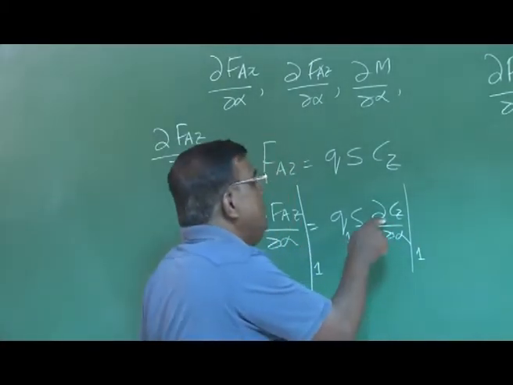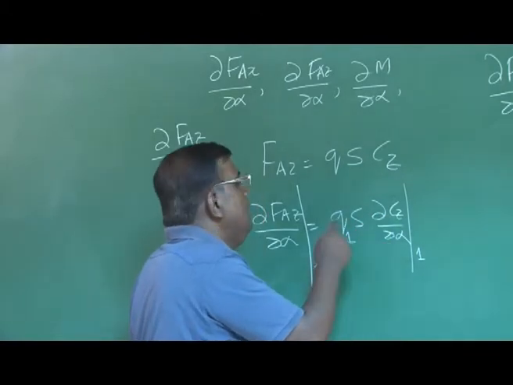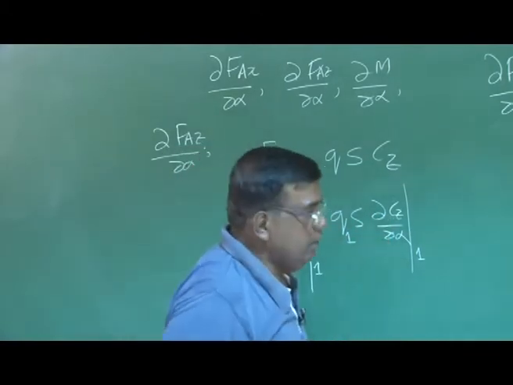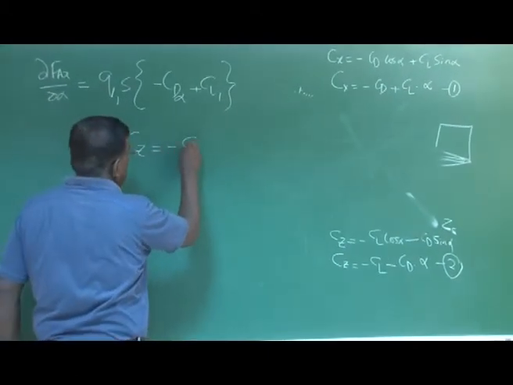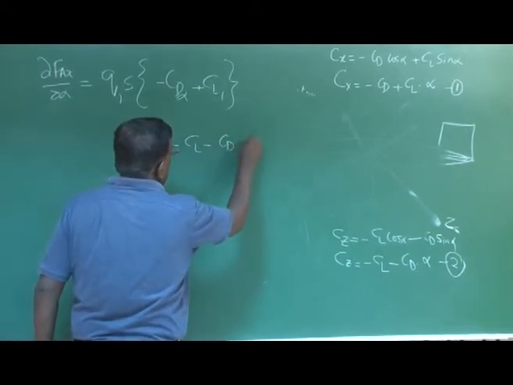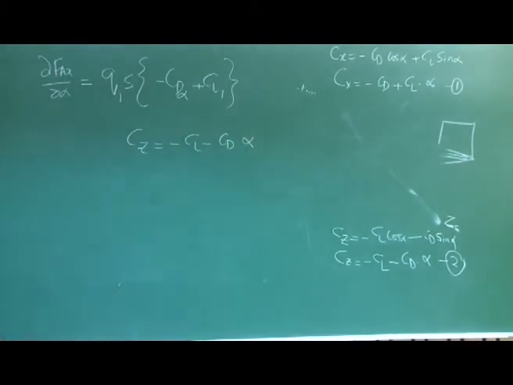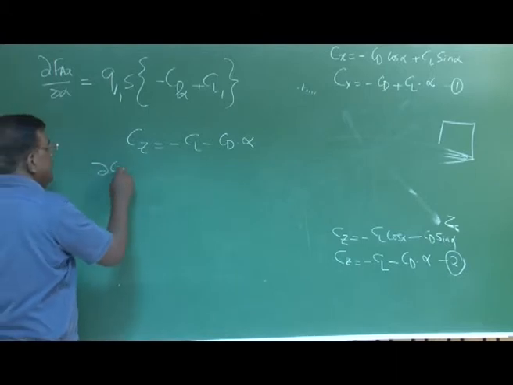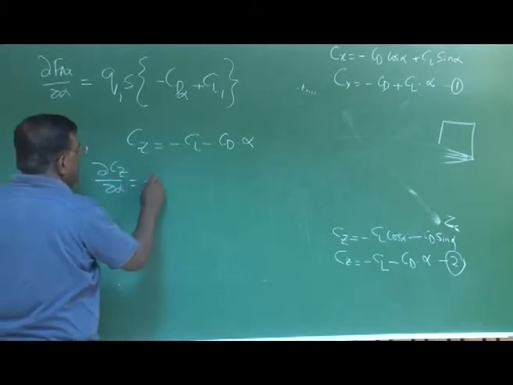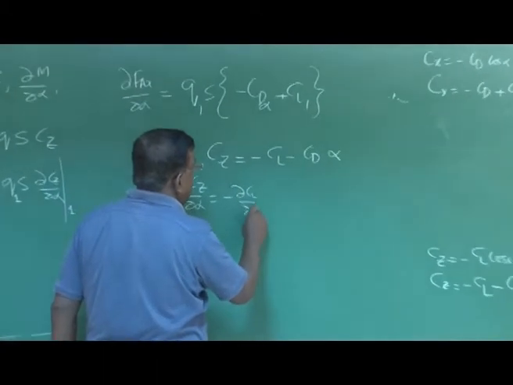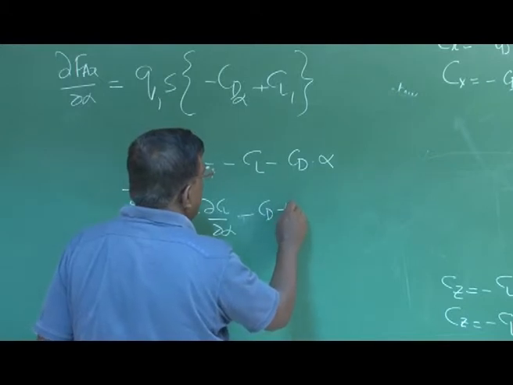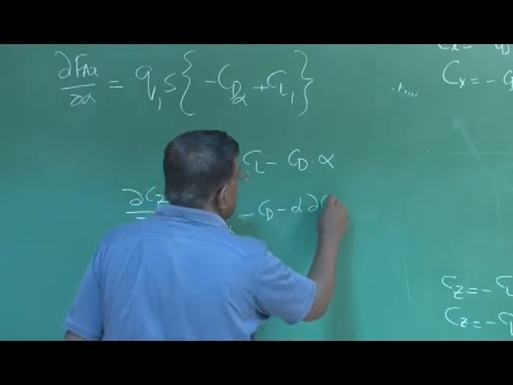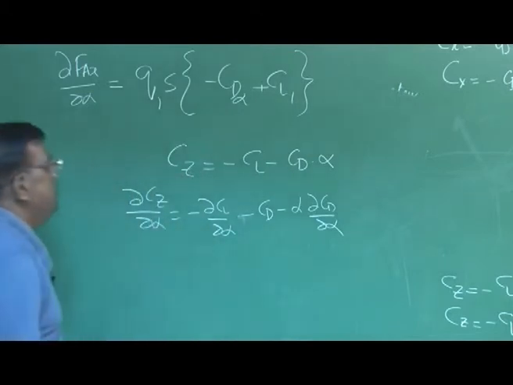There I wanted to have an expression of dCx by d alpha. Now here dCz by d alpha. So again we go here. What is Cz? Cz is nothing but minus CL minus CD alpha for small angle approximation. So you can find out dCz by d alpha as minus dCL by d alpha minus CD minus alpha into dCD by d alpha. Simple derivation.